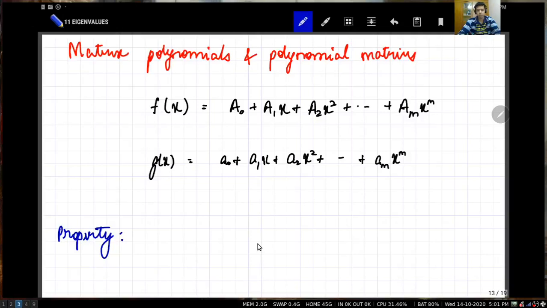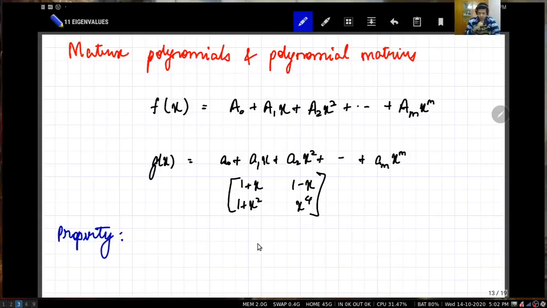We'll also be interested in polynomial matrices, which correspond to matrices whose entries are polynomials. For example, this is a polynomial matrix: 1 plus x, 1 minus x, 1 plus x square, and x to the 4. So this is an example of a polynomial matrix.